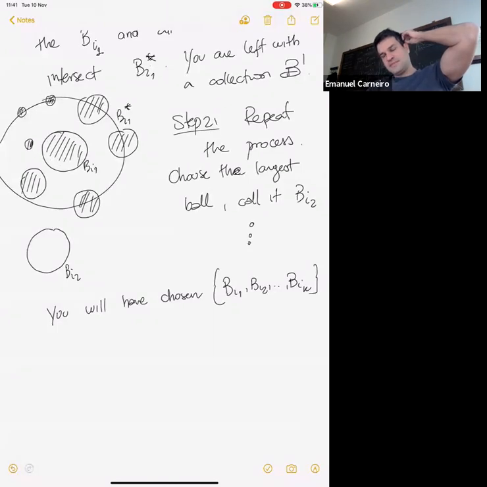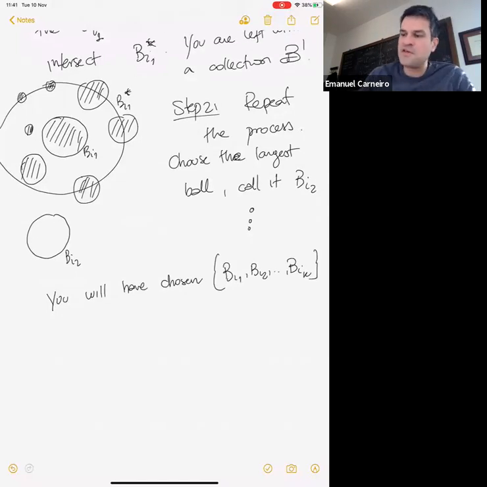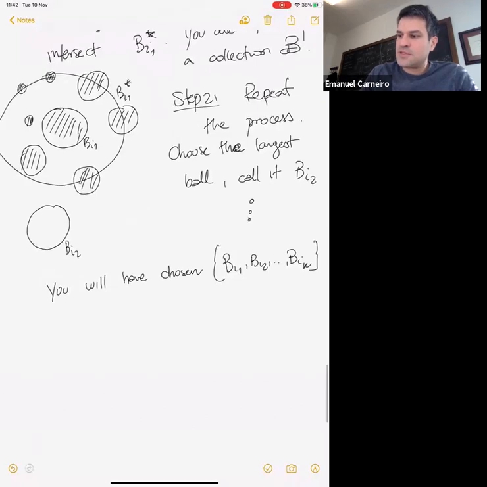But it's important to notice the picture here. By construction, this ball B_I2, for example, was not touching the ball B_I1 star. Okay, so let's see.